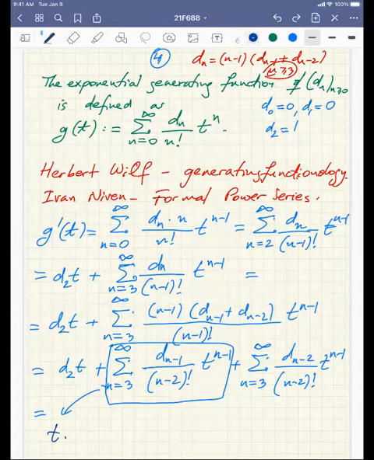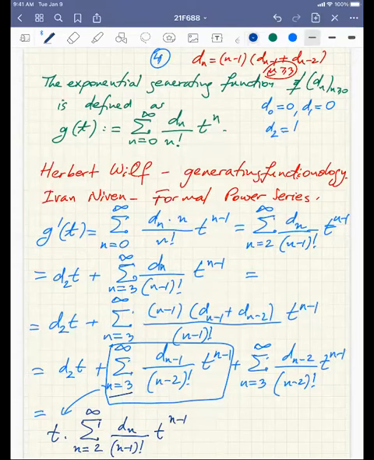Then we are going to change the summation by replacing n by n+1. So we have a t, and now it's going to go from 2 to infinity, and on the top we get d_n, here it's going to be (n-1) factorial, and here t^(n-1). It matches the factorial from the bottom.